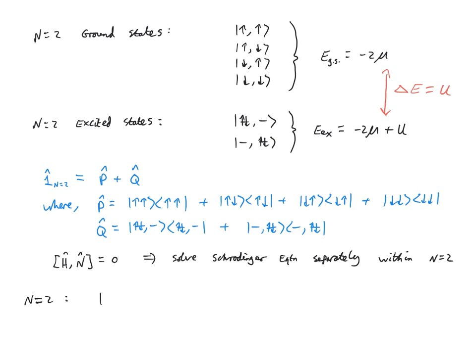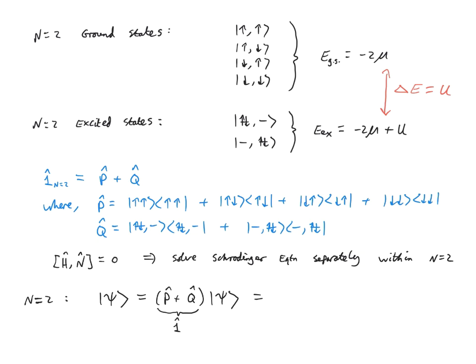Let's imagine that we have a wave function of the entire two-site system labelled with n equals 2 electrons. That is, of course, equal to p plus q acting on this wave function, and that is because p plus q is the identity operator. But let me split that up. Let's act with p on the wave function psi, and with q acting on the wave function psi.